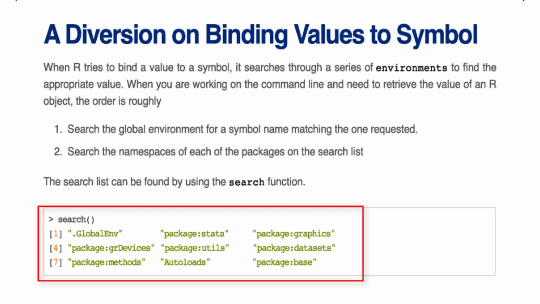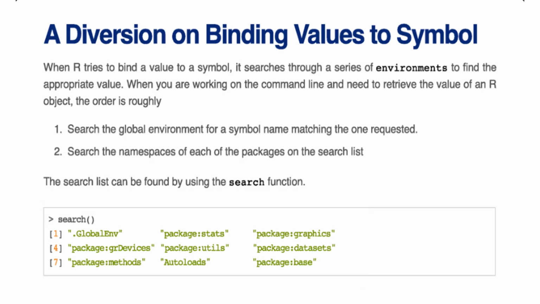Second on the search list is the stats package, then the graphics package, then the grDevices package, all the way down to the base package. Somewhere in this list of packages, R is going to look for a function called lm. And of course, if it's not in the global environment, then it will eventually find it in the stats package, which is the function that's used to fit linear models.